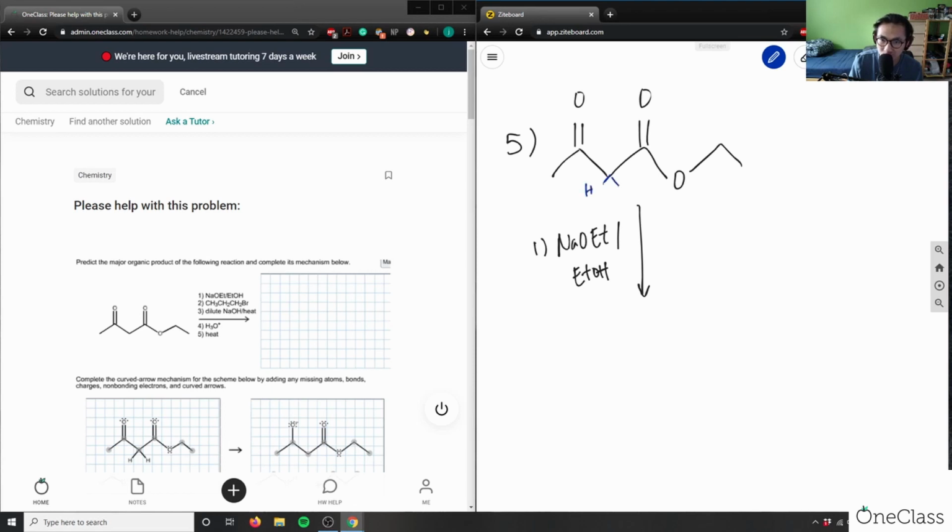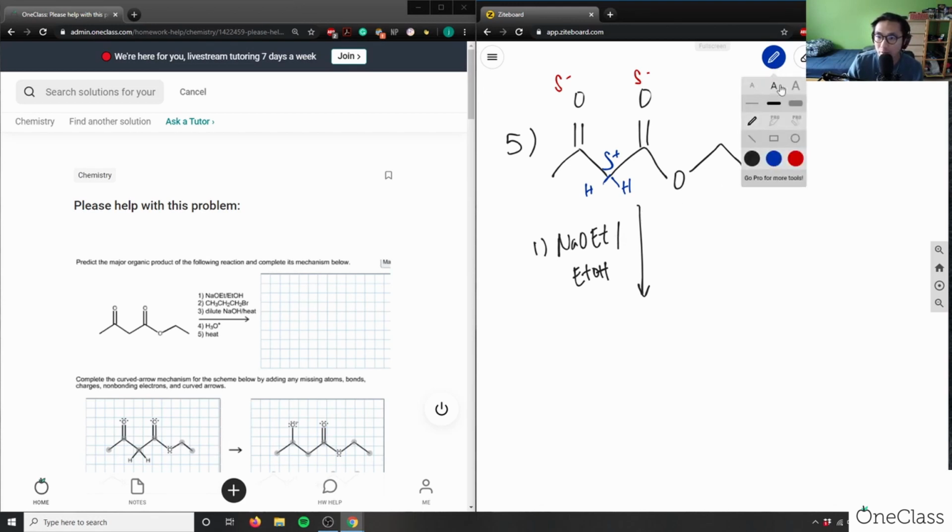These two hydrogens here would be the most acidic ones because I have a dipole moment here. These two oxygens are negatively charged, which means this carbon is very positively charged, which helps stabilize the conjugate base, which means this hydrogen will probably be deprotonated.